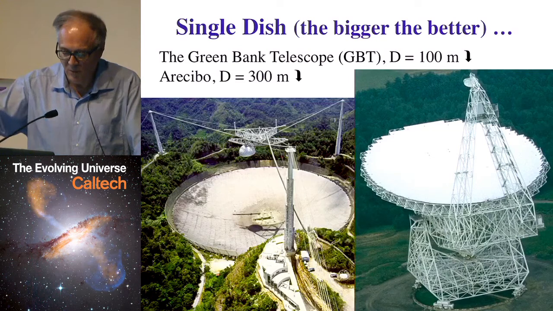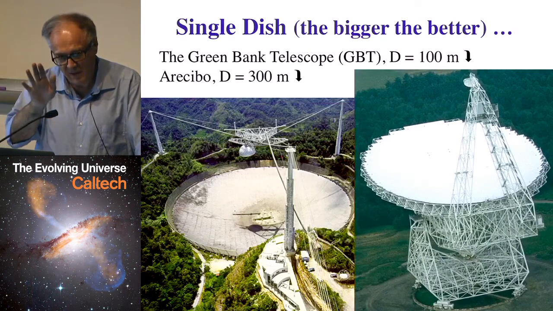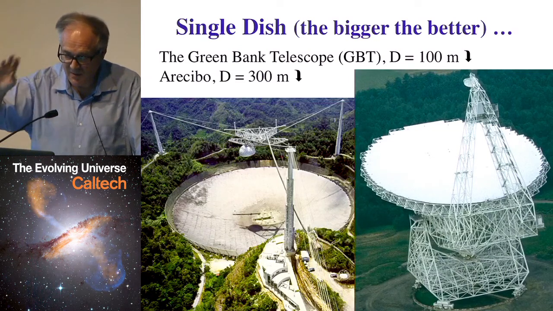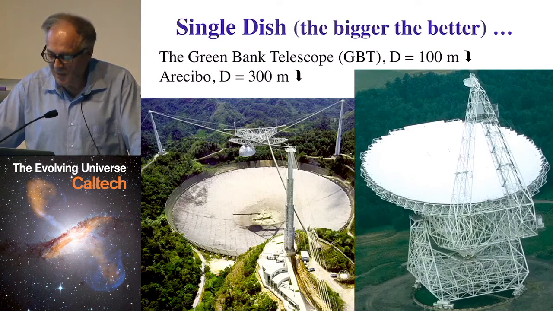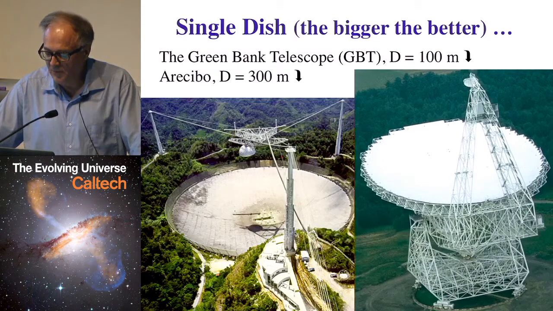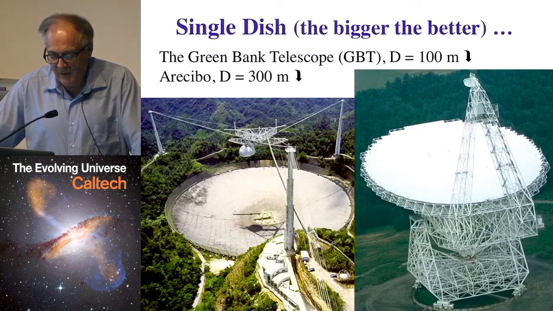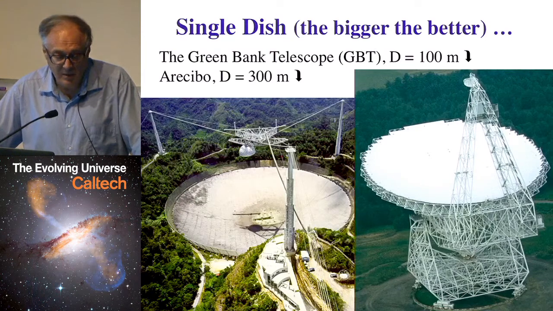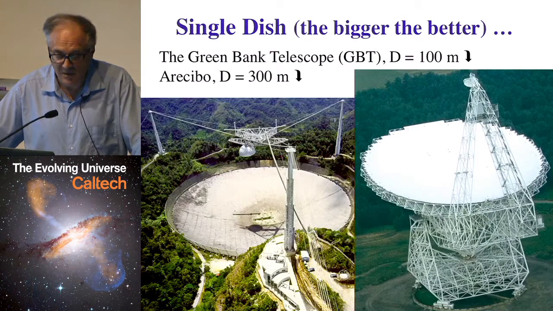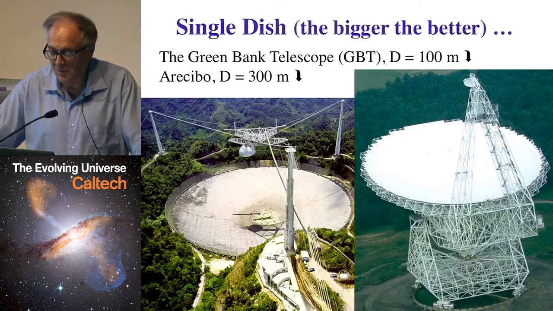So you move the receiver so it kind of captures things as they transit. And there is the Green Bank telescope, which does move, and it's currently the largest operational movable radio dish. But even for the biggest radio telescopes, it's kind of hard to make them much bigger than 100 meters, or a few hundred meters if they don't move.